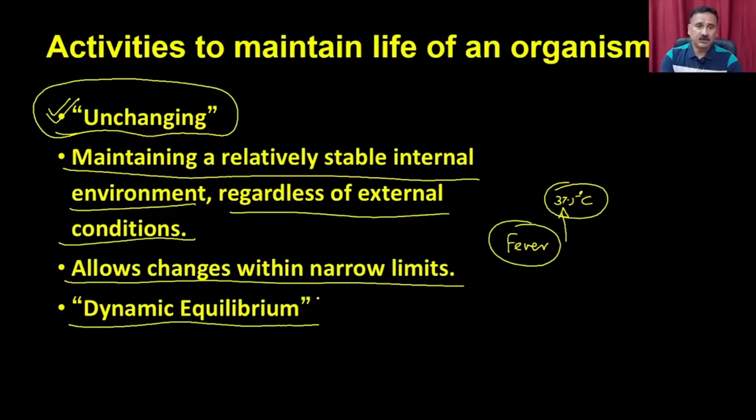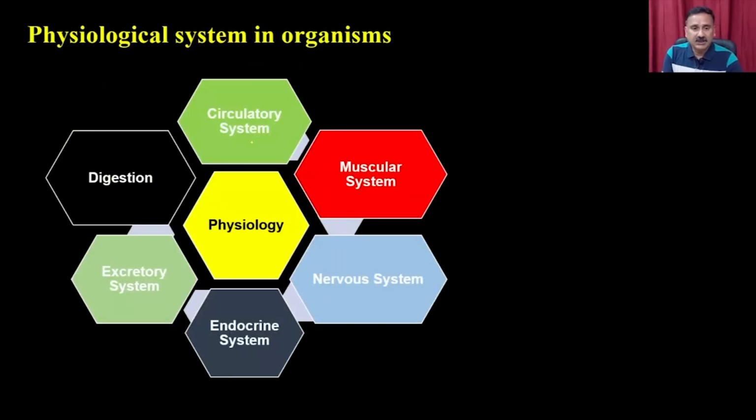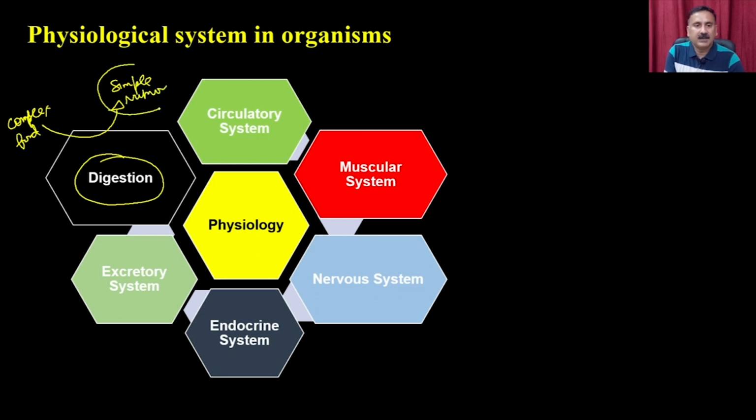So what are the different physiological processes? We have digestion. The main purpose of digestion is to take up the complex food and convert it into simple nutrition, and this simple nutrition is then taken up by the organism, and that is how it produces energy.